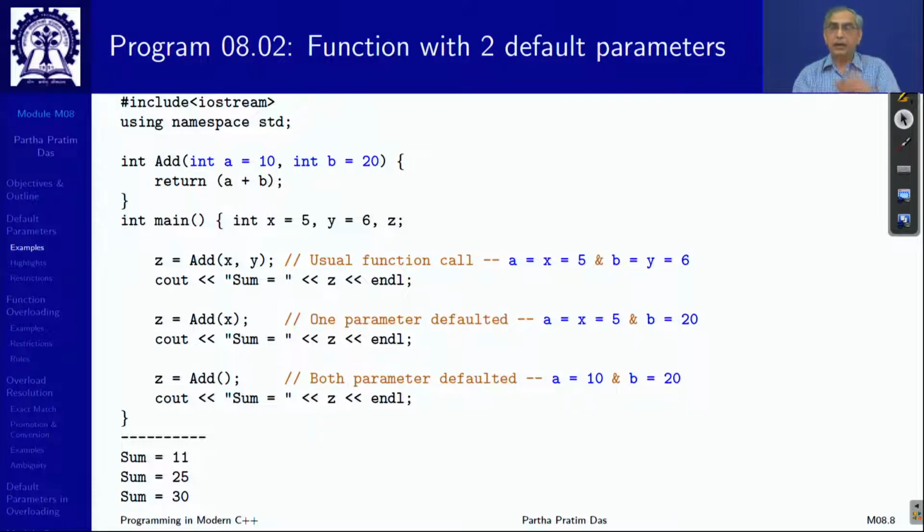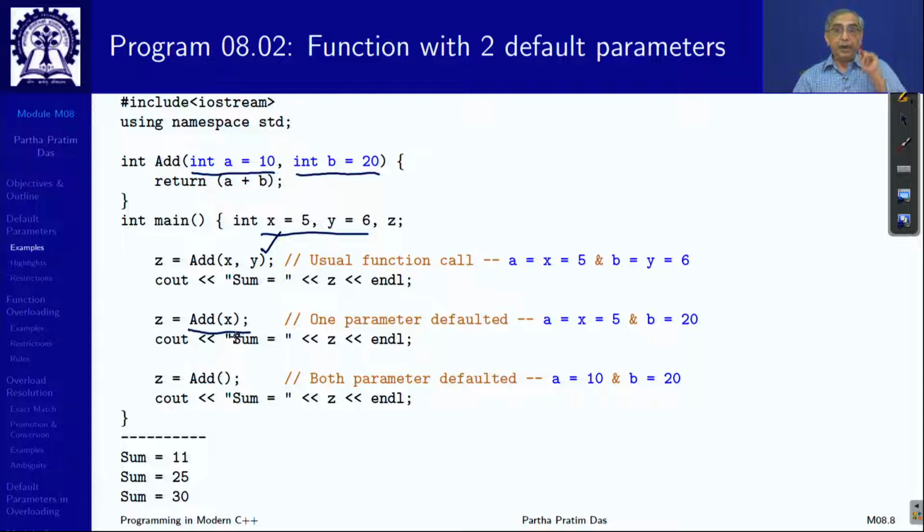Now, let us go forward a little bit. Let us take a function with two default parameters, a defaulted to 10, b defaulted to 20, and I can call it with x, y, 5 and 6. It will take as x 5, a 5, b 6. I can call it with just x, one parameter.